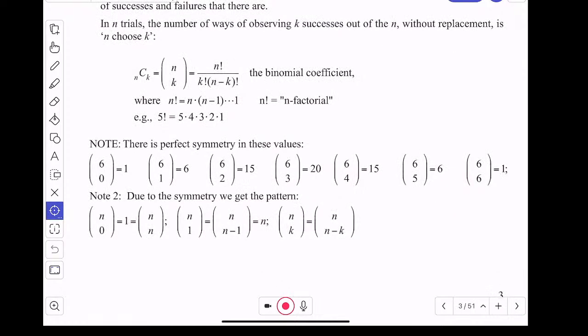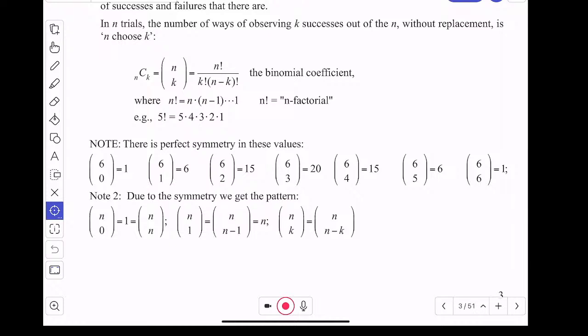I want to emphasize then, we talked about this, and in this case, 6 choose 0 and 6 choose 6 are always 1, right? Because how many ways of seeing no successes in 6? Well, failure, failure, failure, failure, failure, failure, 6 failures. There's only one way to see that. That's why it's 1.